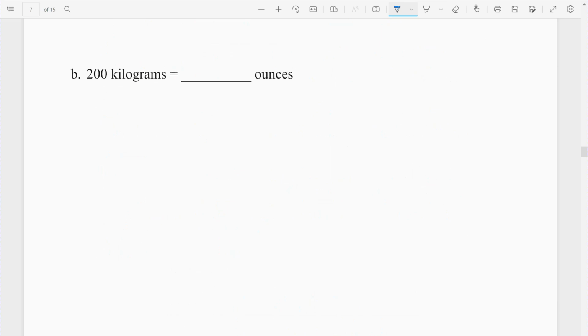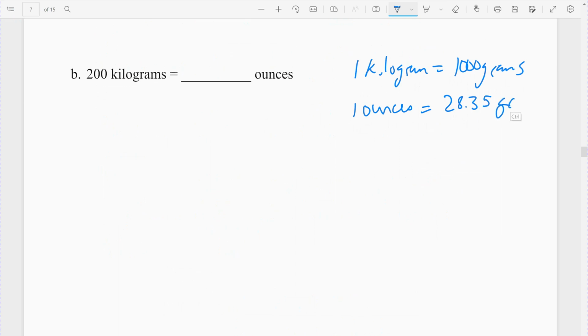So I'm going to write those down here. So 1 kilogram is equal to 1,000 grams. And then I know 1 ounce is equal to 28.35 grams.